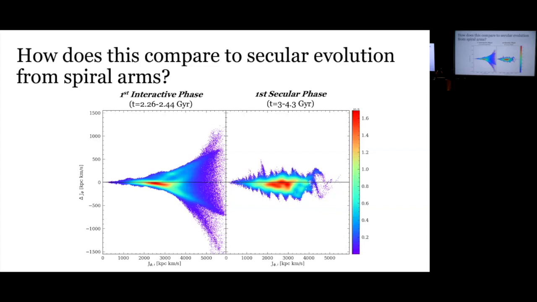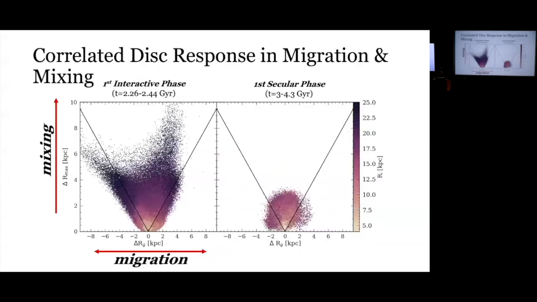We can also look at the correlated response in migration and mixing. So look at the x-axis here: it shows the change in the guiding radius for these particles that were initially on circular orbits. And we can also look at the radial excursion of those orbits at the end of the encounter. We can compare that to what we see during the secular phase as well.